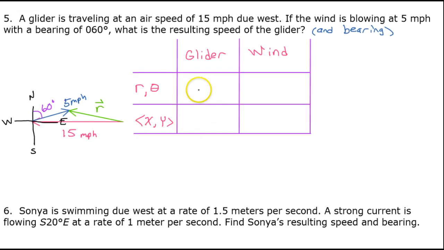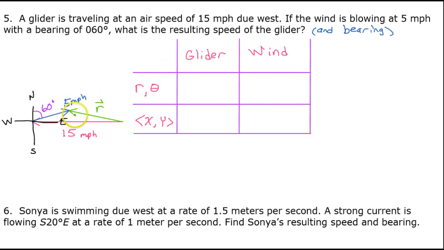So here's what we're doing. We are basically given the magnitude and direction of each of these two quantities, the glider and the wind. We are going to change the magnitude and direction into component form so that we can easily add them. So let's take it piece by piece.